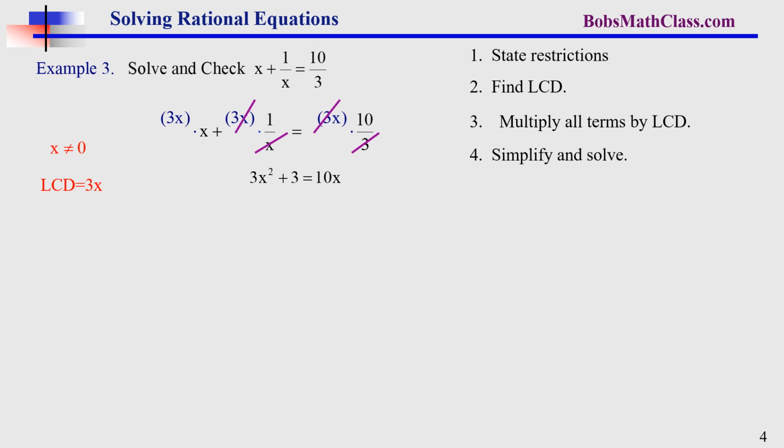So now we have to solve this. Whenever you see an x squared or an x cubed, we have to get everything on one side, write it in order, and then do some factoring. So subtract 10x on both sides, bring the 10x to the left-hand side, and now we could factor that. 3x minus 1 times x minus 3.